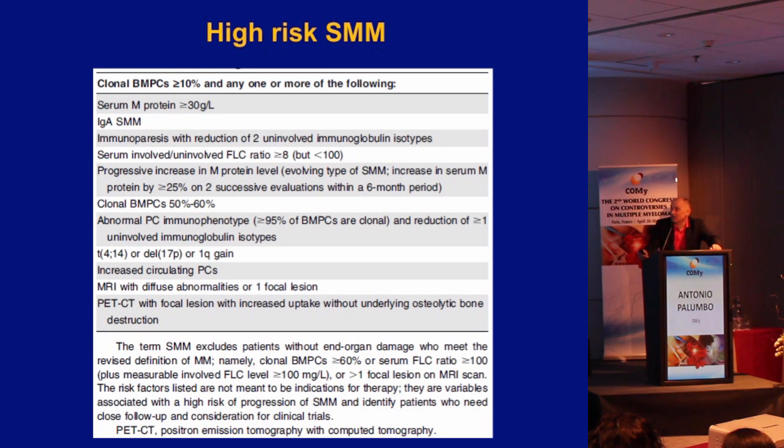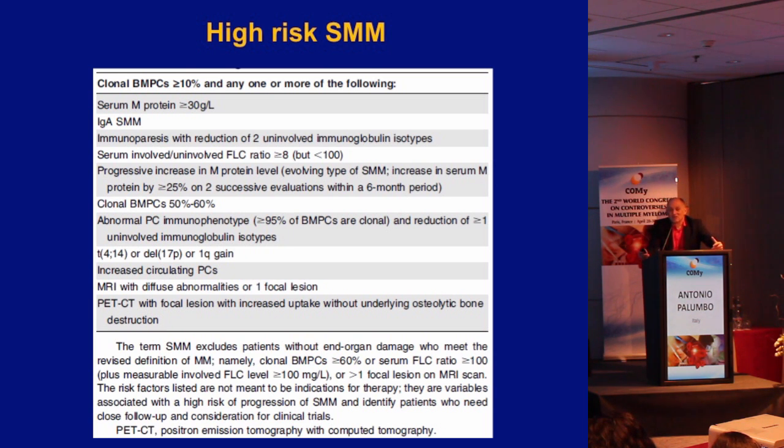So which are now the definitions of high risk? IgA, so non-IgG component. As we were saying before, immunoparesis with reduction in uninvolved immunoglobulin. Serum involved, and this is probably becoming more and more one of the major ones, because you have a number, so you can say yes or no from this point of view. Serum involved to uninvolved free light chain ratio more than 8, but of course less than 100. So this is probably one of the major definitions of high risk.